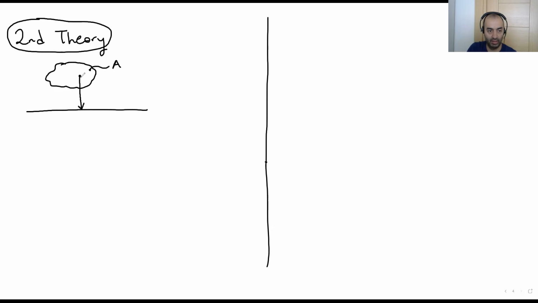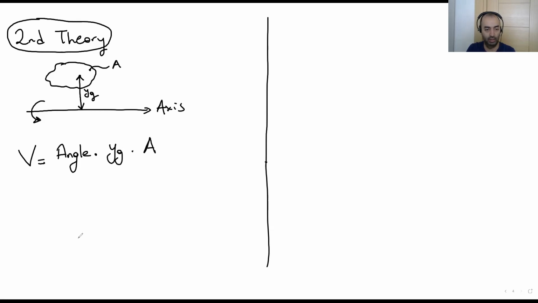This distance is YG. Okay, this is the axis. So if I'm looking for the volume when I rotate this member around the axis, the volume is, again, the angle times YG times this area.